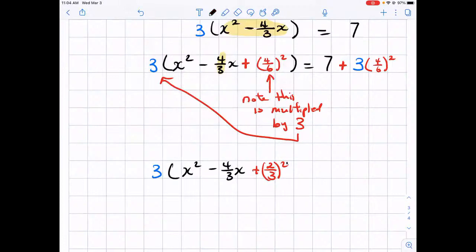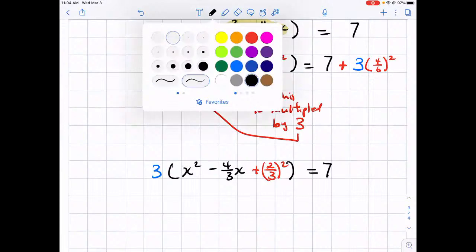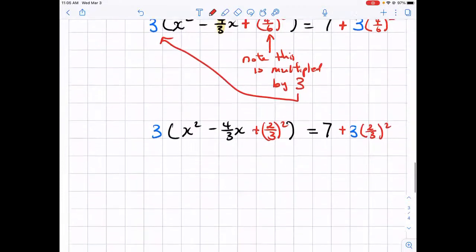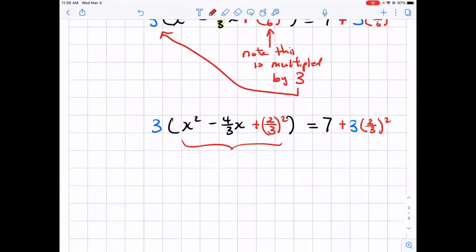That is equal to 7 plus 3, and then this becomes 2 over 3 squared. Now, if we factor the inside here, the 3 comes down, and in there, like I said before, the x will come down, that sign comes down, and whatever this is, so that becomes 2/3, and the square goes on the outside.